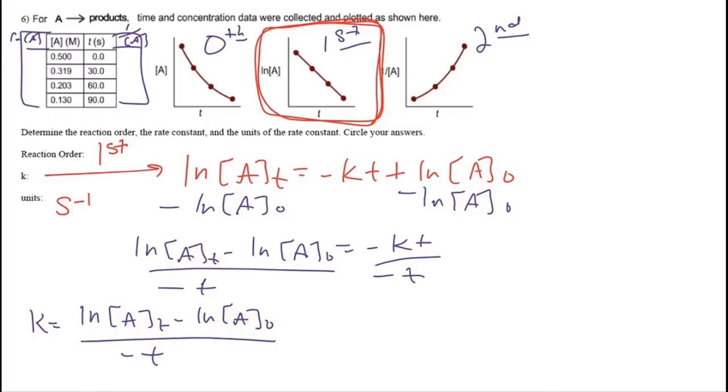Let's go ahead and start plugging things in. Where am I going to get these numbers? From the data table. That's what's great about it. So now you can choose any points you want. You're going to start initially with 0, and you can choose any time here that you like. I'm going with the second one. Why not? So if I'm going from 0 to 30 seconds, my time is going to be 30 seconds.